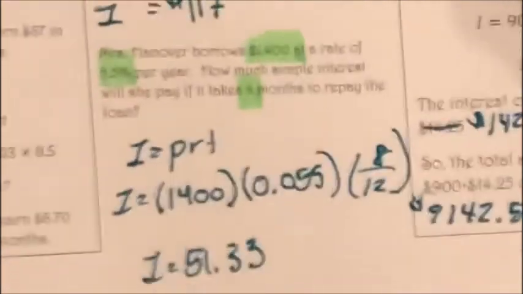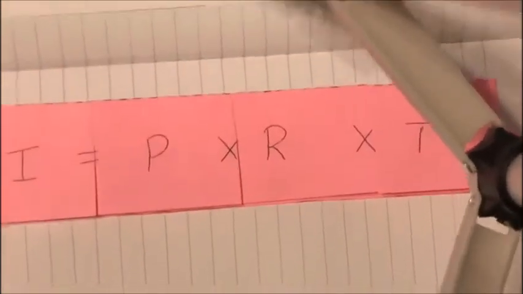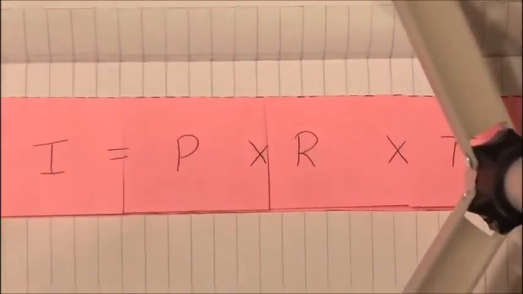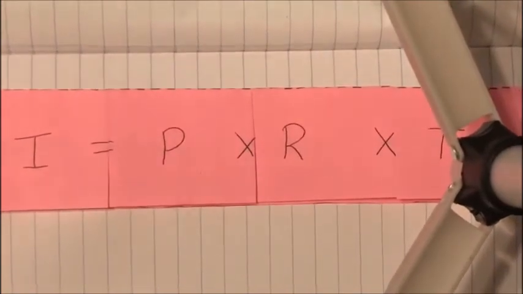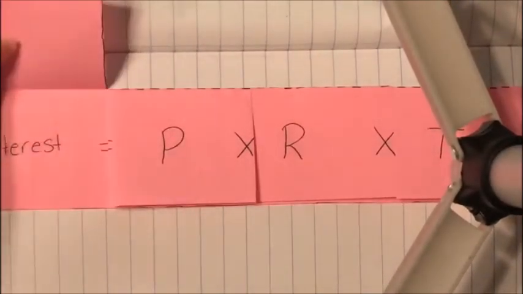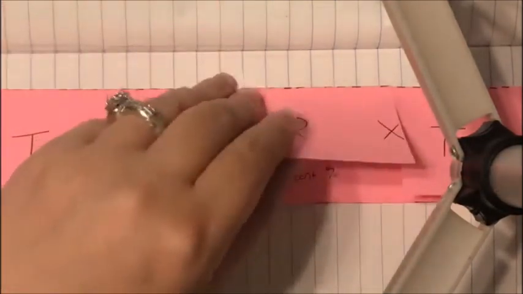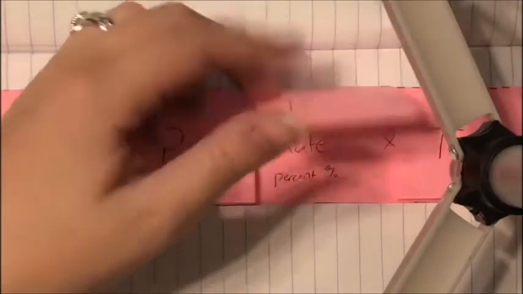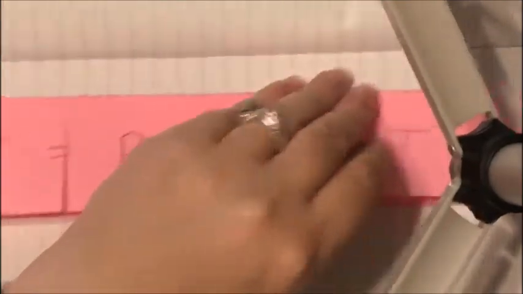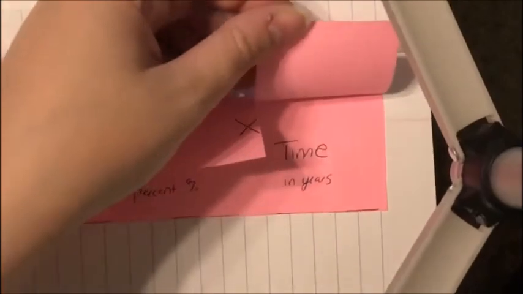The other thing I wanted to show you was the foldable that you put into your ISN on page 47. It looks like this. This foldable shows the formula for interest. I is my interest, P is my principal or the amount borrowed, R is my rate, my percent, and T is my time in years.